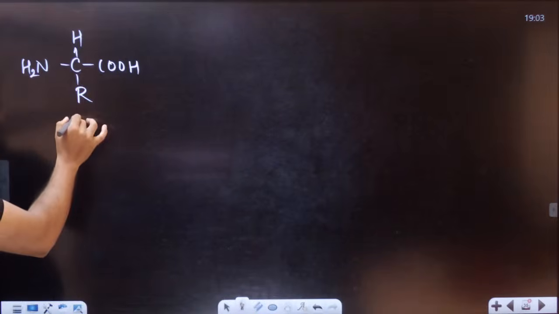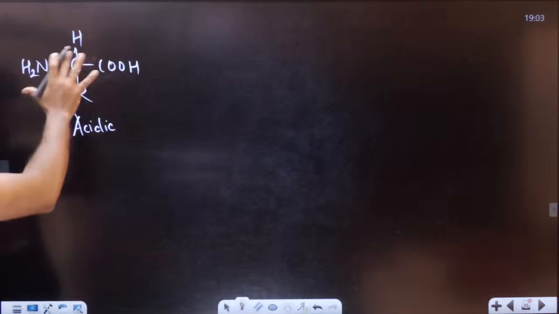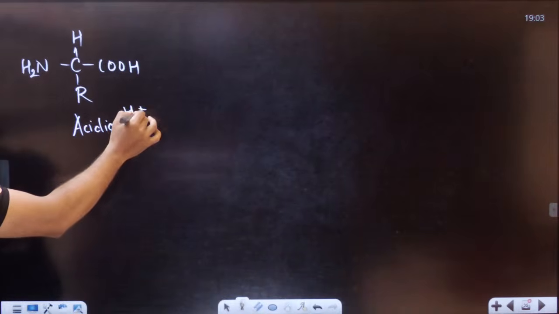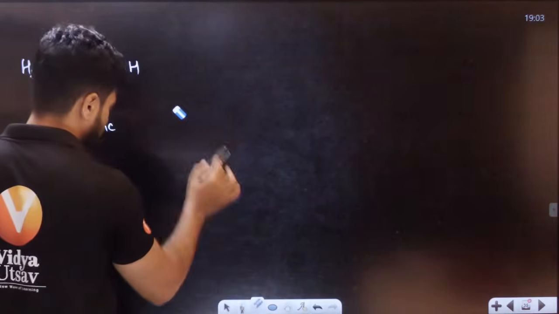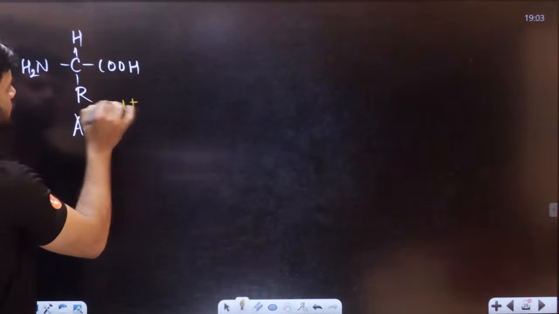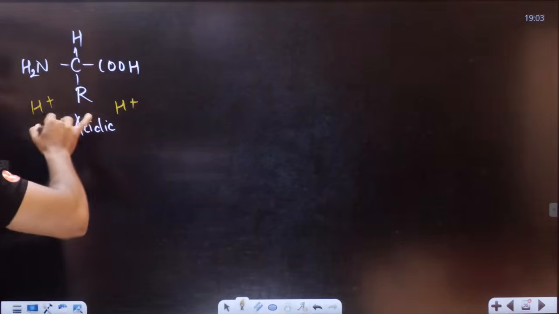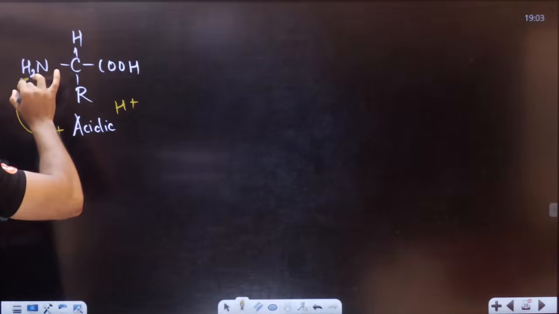Now if I take this amino acid and keep it in acidic medium, what will happen, students? In acidic medium, do we have H plus everywhere? Yes, we do. Now this H plus is taken by NH2.